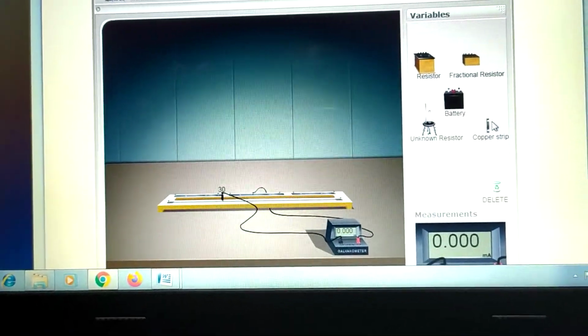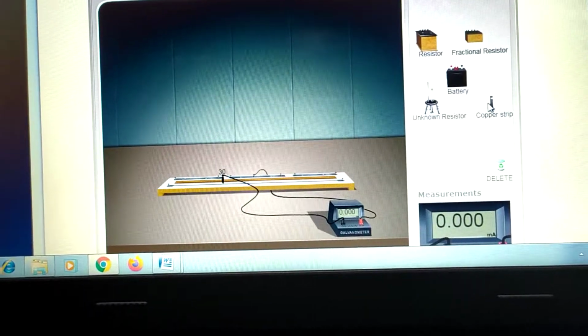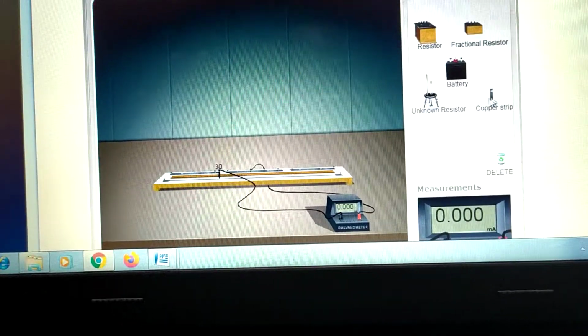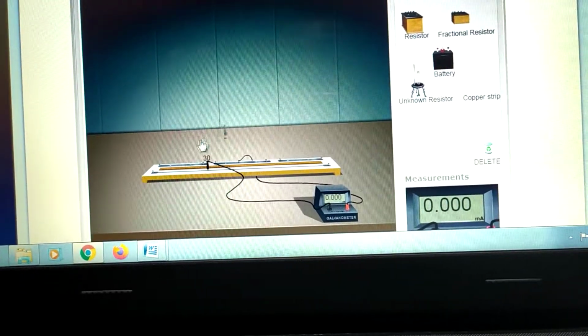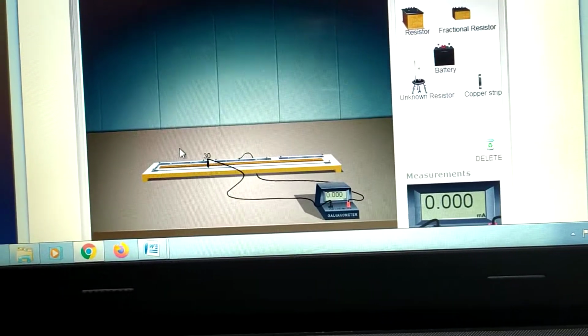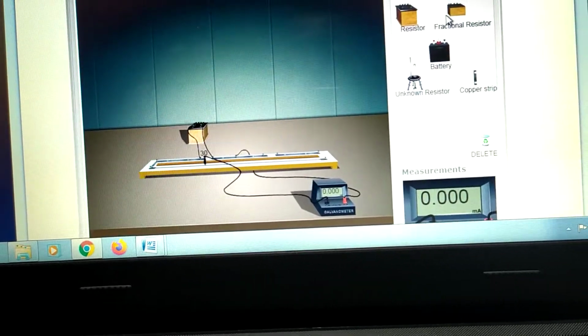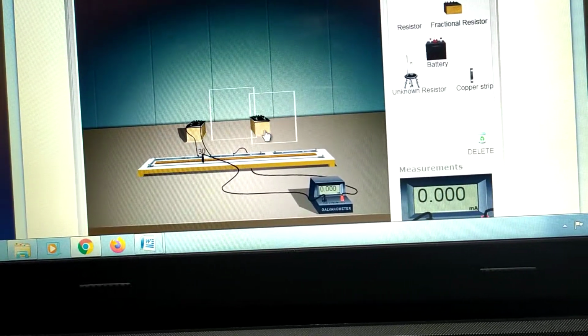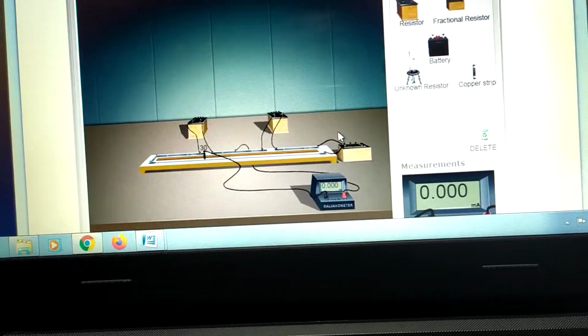First you need to make the circuit. I just click, drag and drop the copper strip in gap 1. The resistance you just drag and drop in gap 2, and again a resistance in gap 3, and the fractional resistance you connect in gap 4.